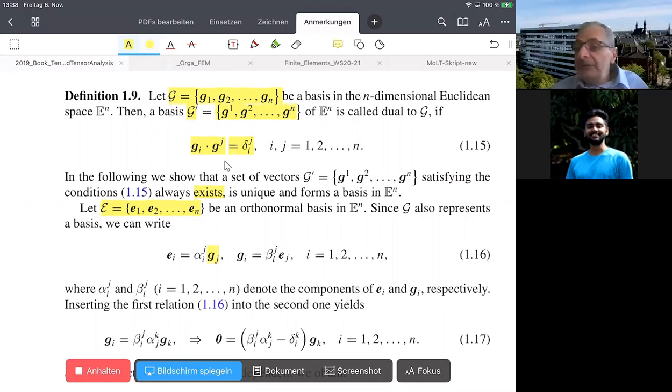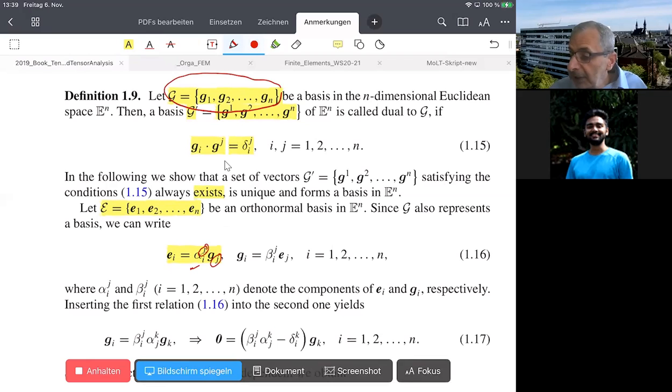These vectors Gj also form a basis. That means that every vector in this basis E is a linear combination of these vectors Gj, because the Gj vectors form a basis, and every vector x, including these vectors E, is a linear combination. Here in this linear combination, I use these components alpha, you see with two indices. Here we have a summation over j.